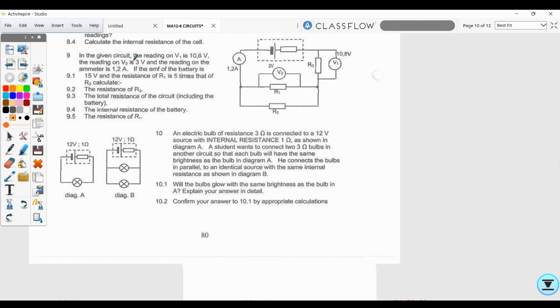They say the reading on V2 is 3 volts. It looks a little bit as if it could be the battery, so make sure that you don't think it's the battery. The EMF of the battery is 15 volts.